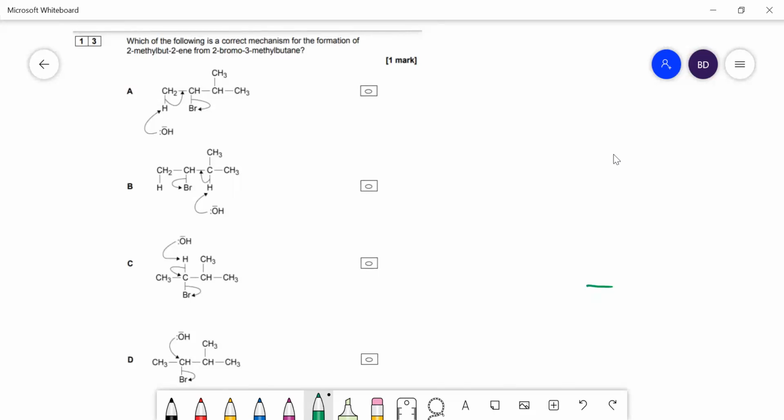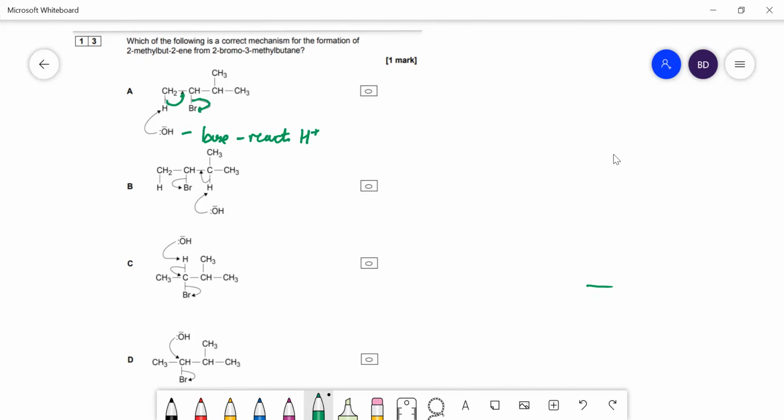Now in elimination, the hydroxide ion acts as a base. That means it removes an H, it removes H plus. That pair of electrons goes in to form the pi bond, and then that pair of electrons leaves with the bromine. That's the correct mechanism there.